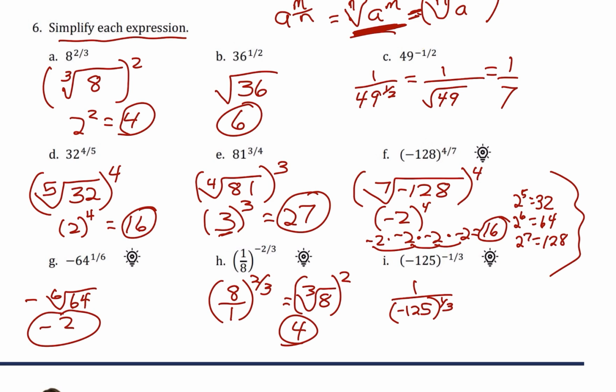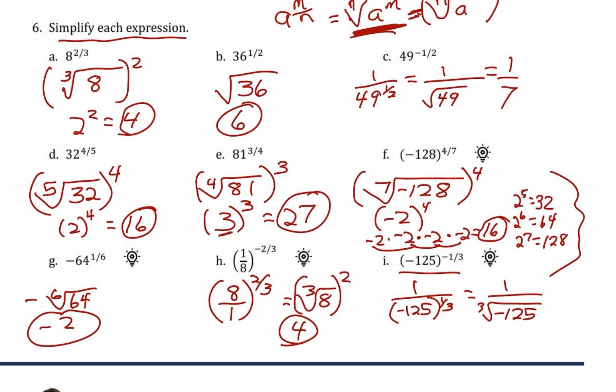The reason we can do that is we put this entire expression on the other side of the fraction line, so the exponent changes signs from a negative to a positive. And now I'm going to say 1 over, and notice this time the negative is part of what's being raised to the 1/3 power. So we have the 3rd root of -125.